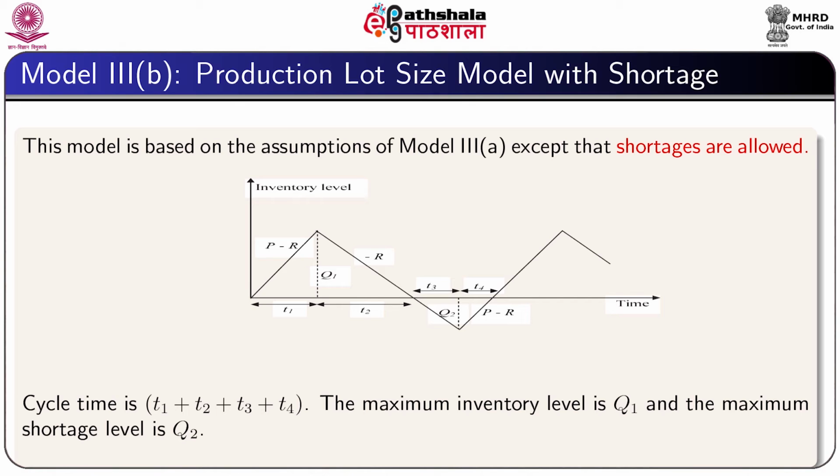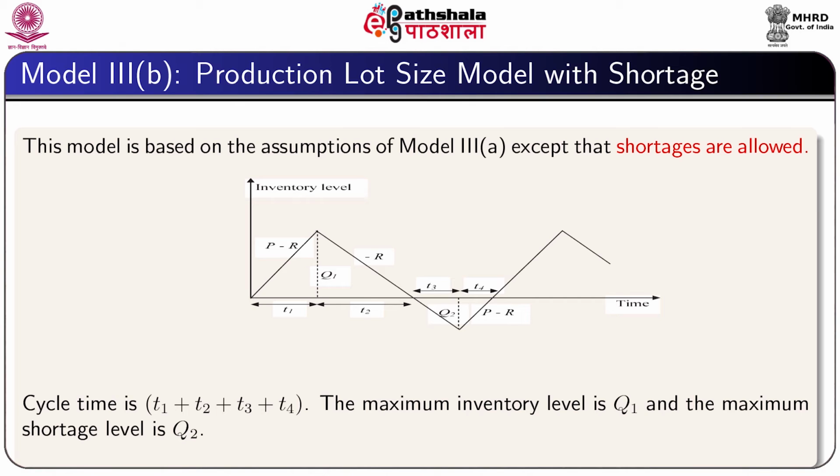So, the inventory level was 0 initially and then finally it comes to 0, and this time period, which includes T1, T2, T3 and T4, is considered as one cycle.